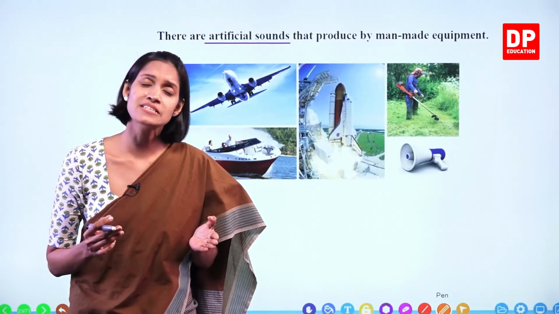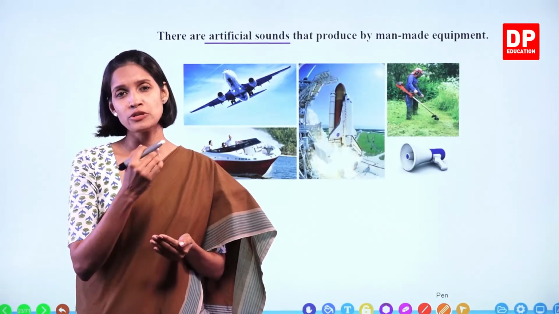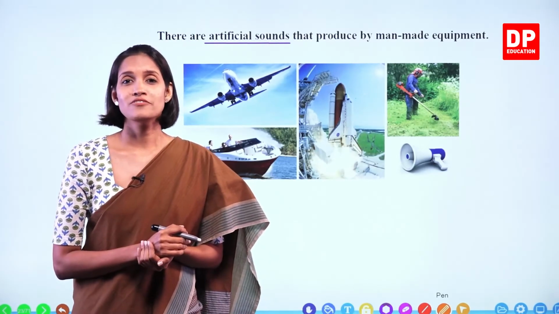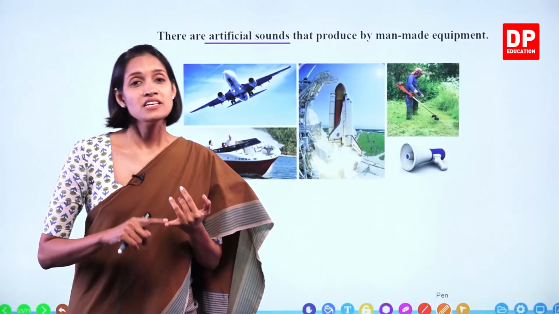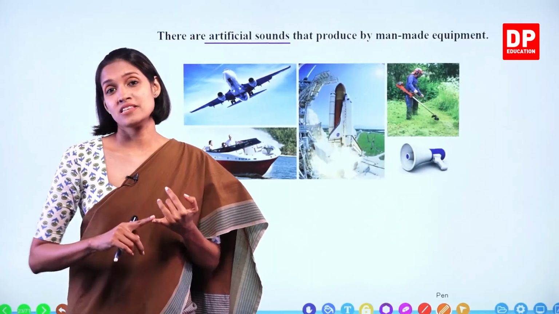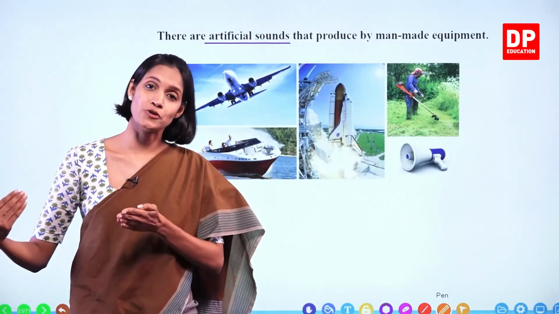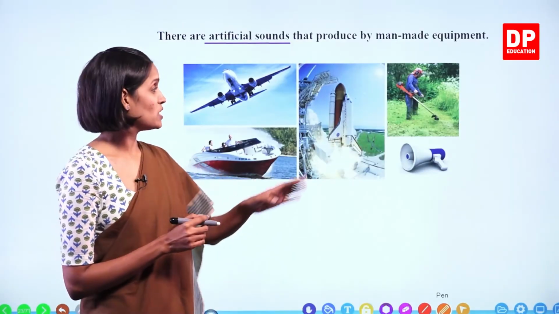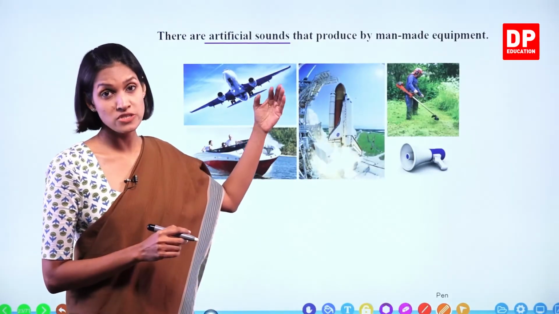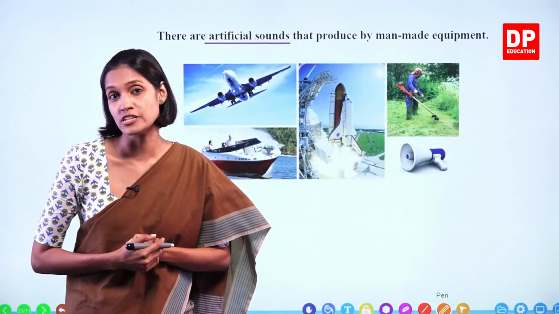For example, what are the simple types of machines that we use in our day-to-day lives at home? We use a blender, right? Some of us use washing machines, right? And some of us use fans. They make different types of sounds. Okay, children? So even though machines produce sounds, those sounds differ from machine to machine.